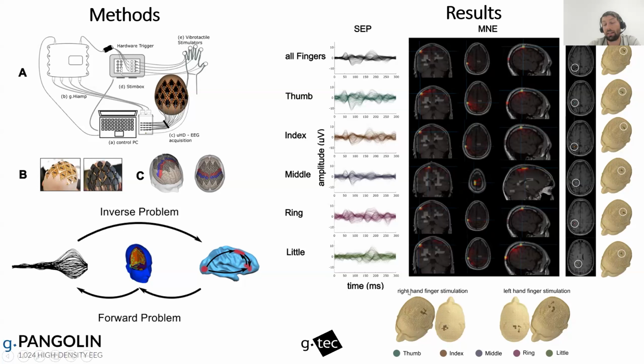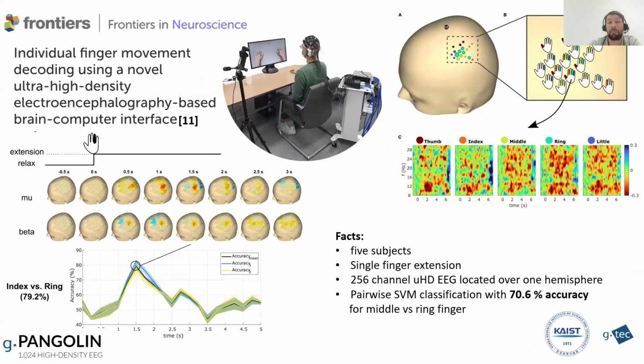So we have the right hand finger stimulation on the left bottom figure and the left hand finger stimulation on the right bottom figure. You can see in the different colors the different finger dipoles that are very close to each other, obviously, but we can find differences in localizing the sources, which showed us very nicely that we can use a lot of channels, and it seems to be beneficial also for source reconstruction.